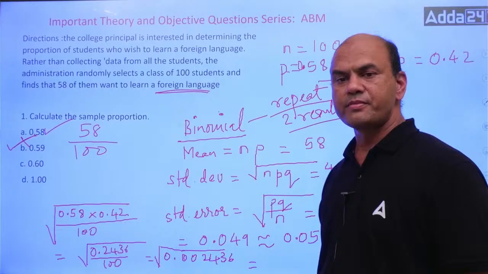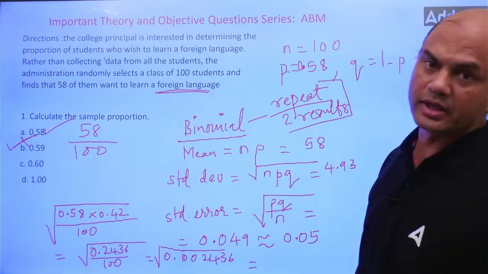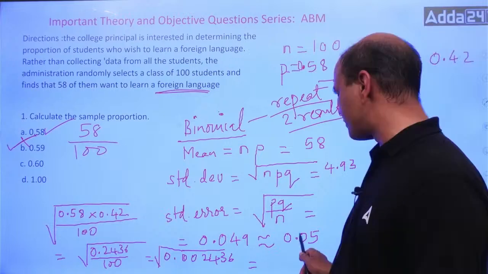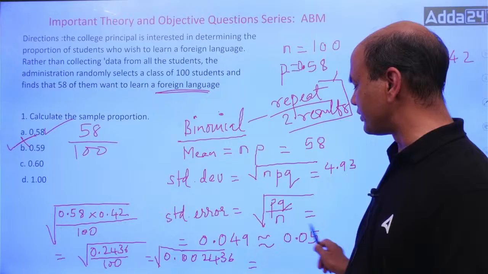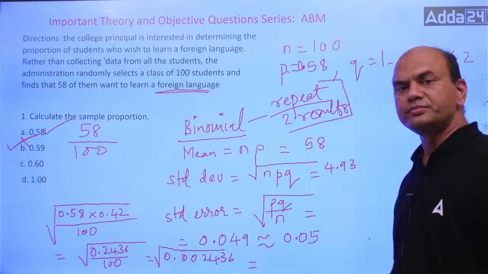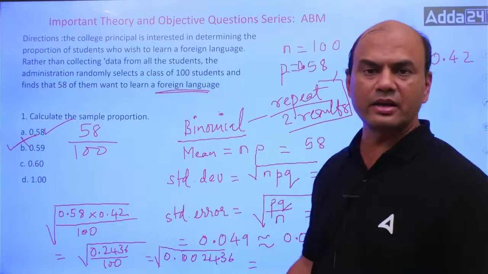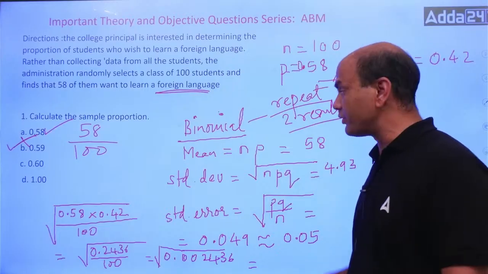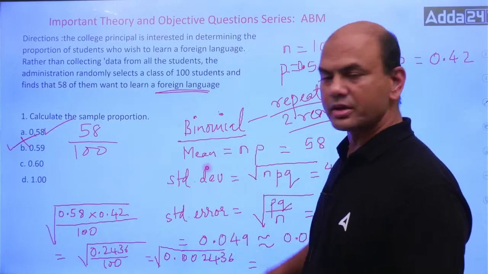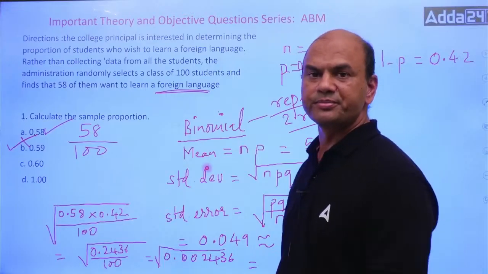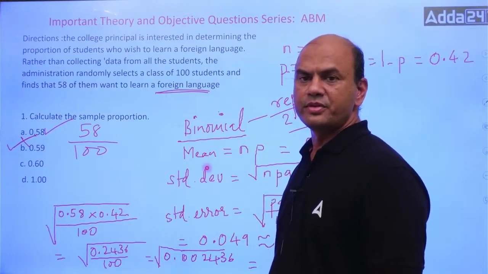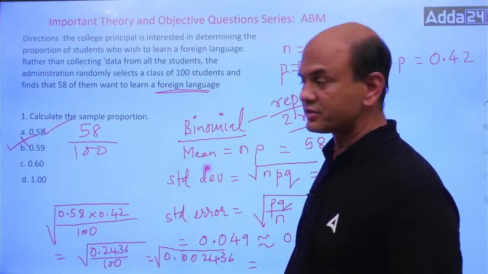So that is known as standard error. You can round it off to 0.05. 0.049 means roughly 0.05. So you get the standard error. These can be for 1 mark, 1 mark, 1 mark, 1 mark, 3 marks over here only. So you don't know what is going to be asked. So that is question number 1.